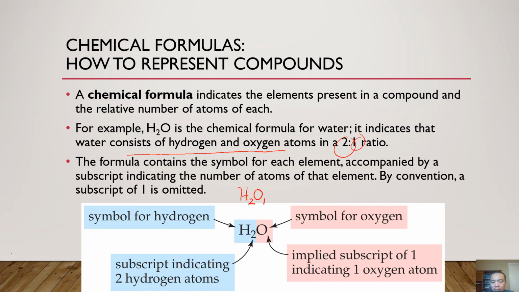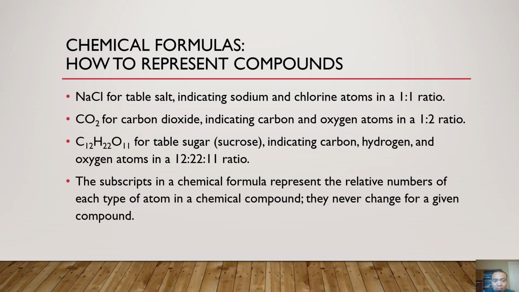which is the subscript for oxygen, is usually not written. Remember, subscript 1 is usually not written. Let's look at a few more examples. For example, table salt, or NaCl, it indicates the ratio of sodium and chlorine atoms is 1:1. That's NaCl.